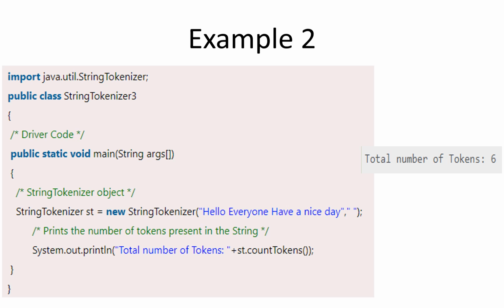As we discussed, countTokens will not move the current position in the string. That means the cursor will not be moved. It will just tokenize internally and count the number of tokens. So it will return the value as 6. We have already seen the return type of countTokens is integer. So in this string, based on the delimiter space, we have 6 tokens that have been returned and printed.